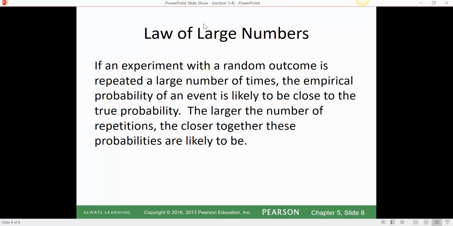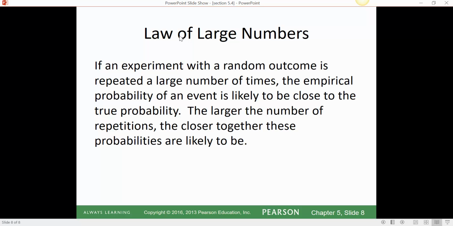So then here is the law of large numbers. What you want to remember is that one way to find the theoretical probability is if you did the empirical probability and repeated it an infinite number of times. We can't actually repeat something an infinite number of times, but imagine if you could, this would be exactly equal to the theoretical probability.